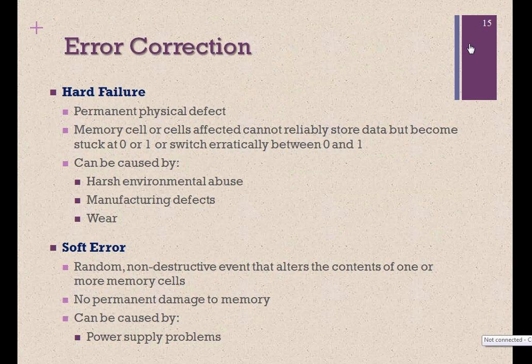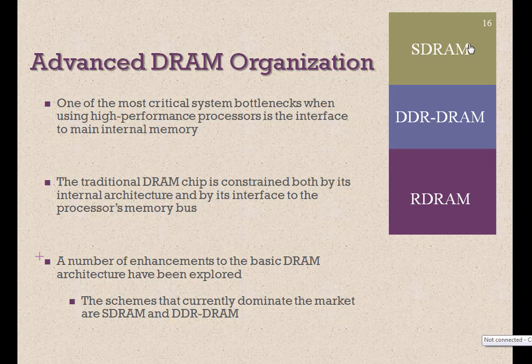Error correction: how hard failures, physically defective memory cells, are affected, like the charge may not be stored. There can be harassment, manufacturing defects, or soft errors, like random, non-destructive events that alter data. There is no permanent damage to memory, and it is caused by power supply problems.